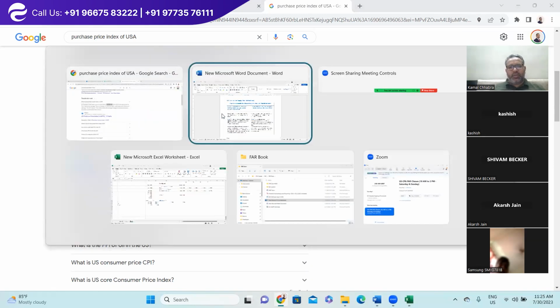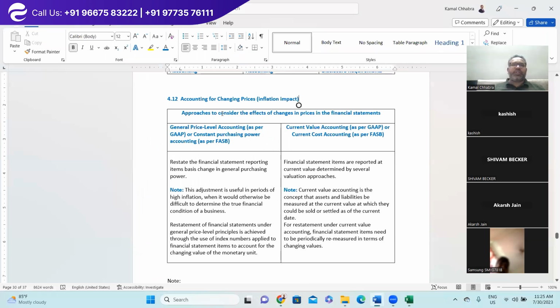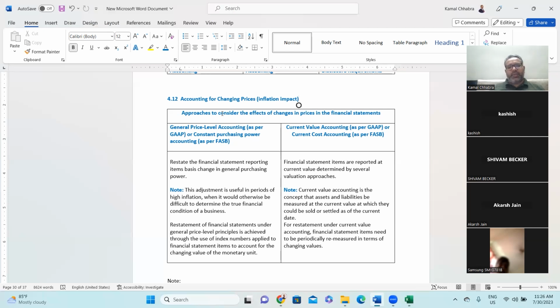This way you need to do the accounting for the changing. That means previous year number you can upgrade, or the current year number you can reduce to the previous year, to make it more comparative. Generally what we do, previous year number we upgrade so that there would be an apple to apple comparison. Right? So this is like a high level definition of general price level accounting.